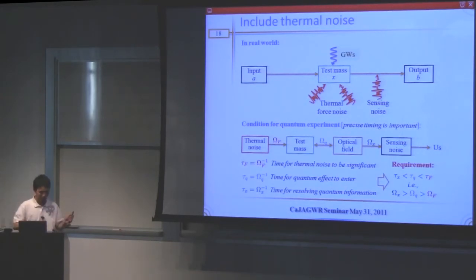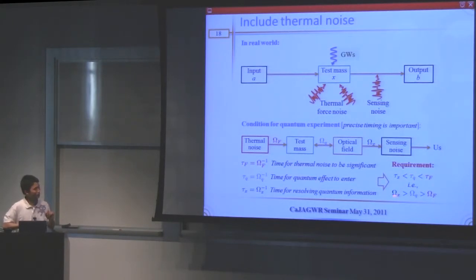Once you get these three numbers, you can figure out the requirements for doing a quantum experiment. First, the time for resolving quantum information must be short enough, before the thermal noise becomes important, and at the same time your quantum effect must enter faster than the thermal noise.